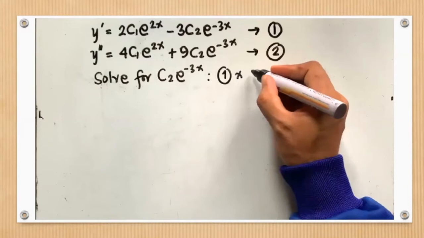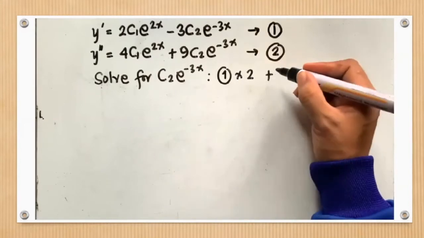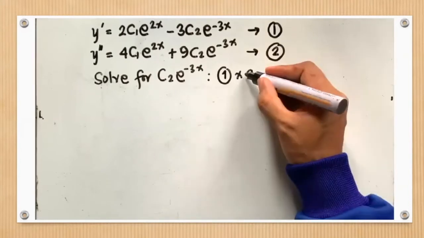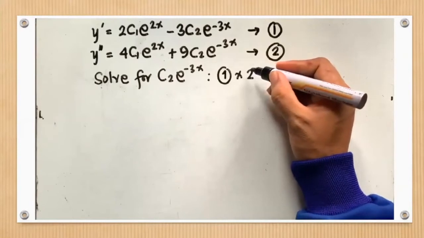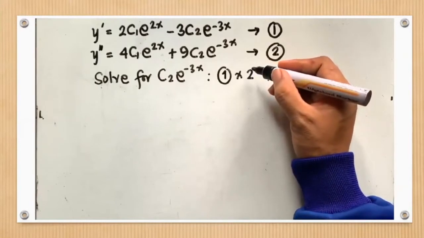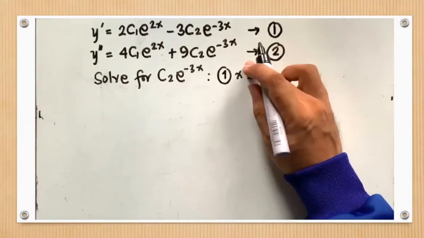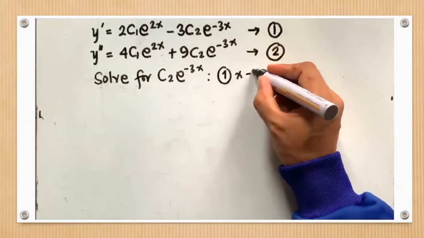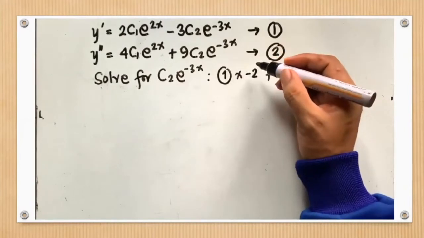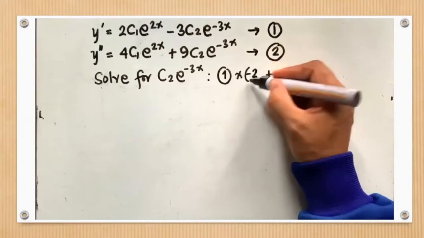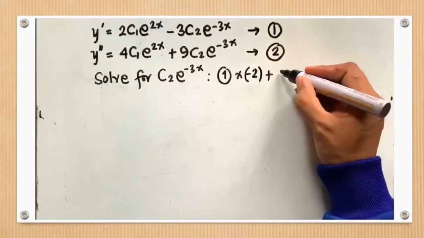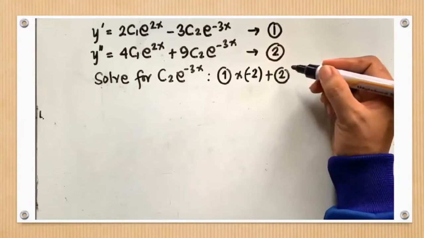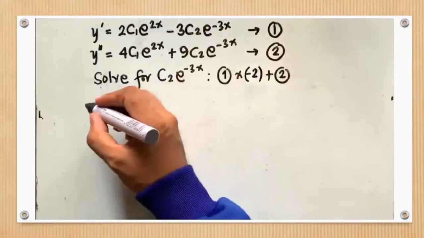So it's either you multiply it by 2 and then subtract equation 2, or you multiply equation 1 by minus 2 and then you add equation 2, so that they have different signs. So here we multiply equation 1 by negative 2 and then we add equation 2 after. So first, multiply the entire equation 1 by negative 2.